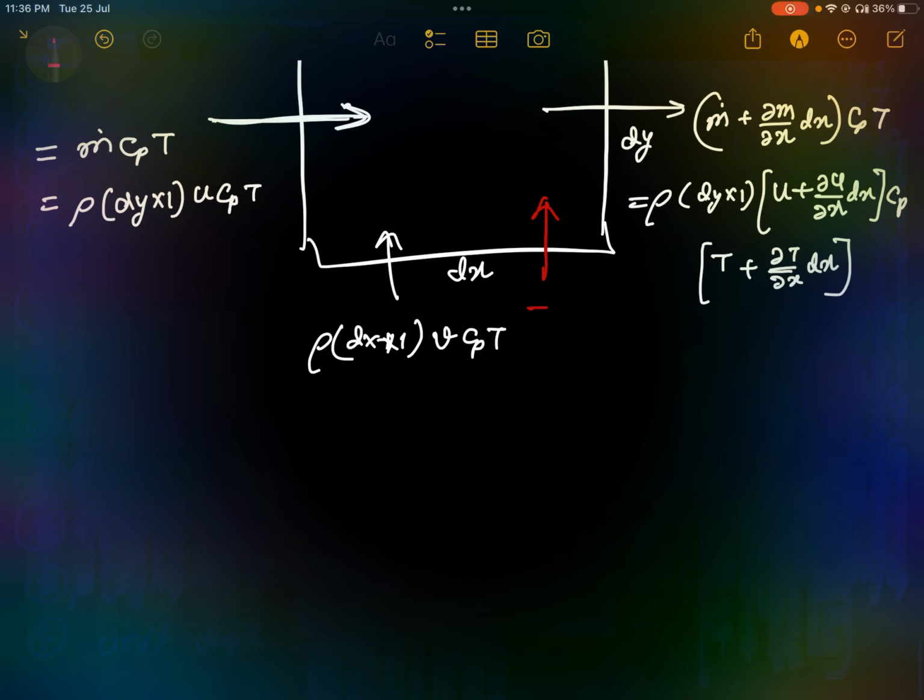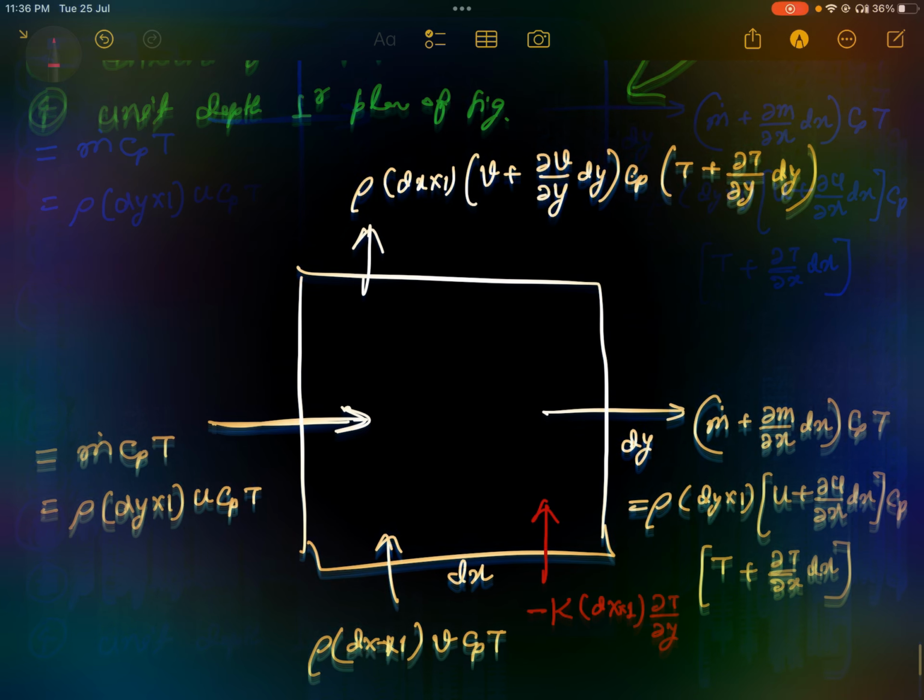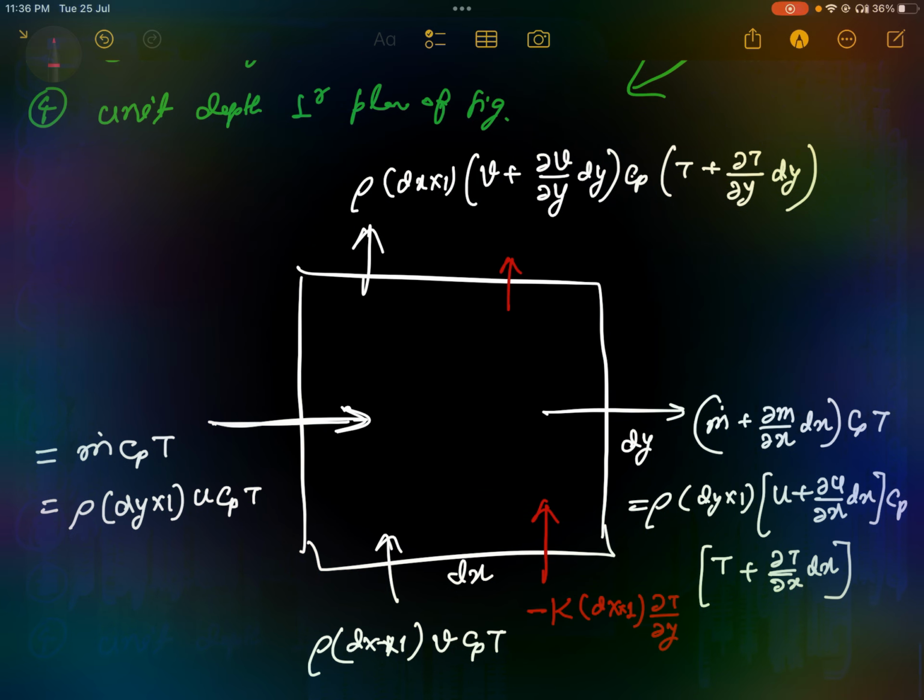So the heat conduction will be according to Fourier's law, k into area dx into 1 into ∂T/∂y, and it will come in like minus k dx into 1, and the gradient of change, that is ∂T/∂y, is already there, so it will change with respect to y only, ∂/∂y of ∂T/∂y, dy. This is the heat conducted.